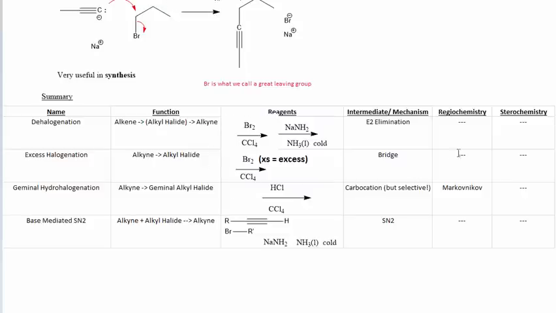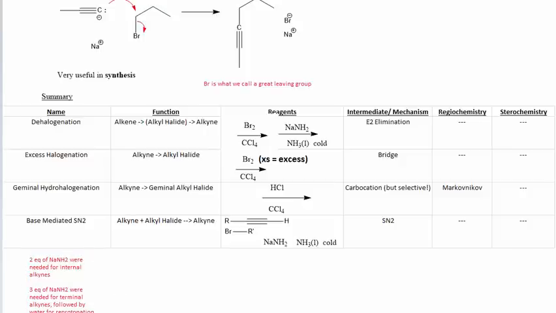The other thing we found out was that 2 equivalents of NaNH2 were needed for internal alkynes, and 3 equivalents of NaNH2 were needed for terminal alkynes, followed by water for reprotonation.